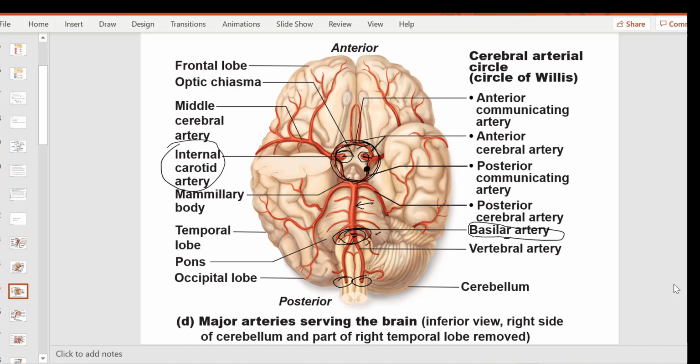So that's the importance of the circle of Willis. It is in the bottom of the brain and formed by the branches of the basilar artery and internal carotid arteries. Okay, and basilar artery is formed by the union of two vertebral arteries.